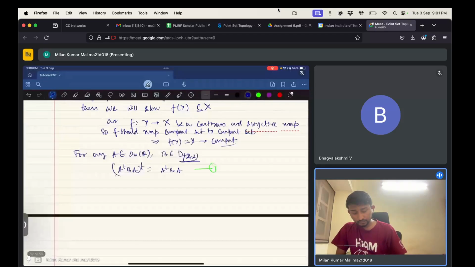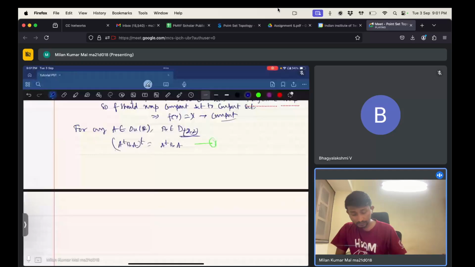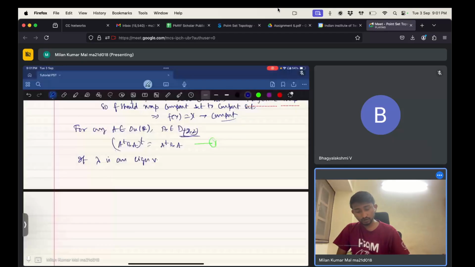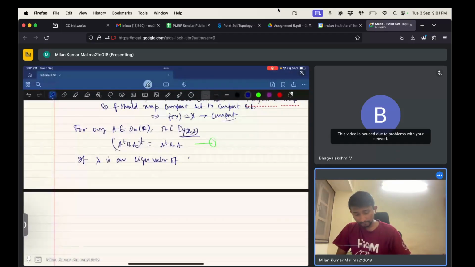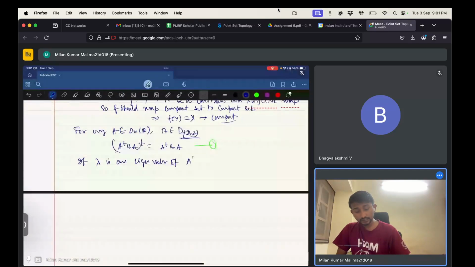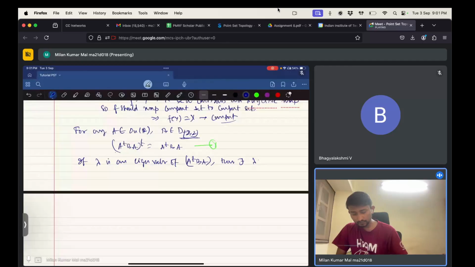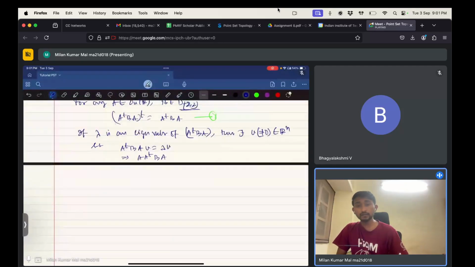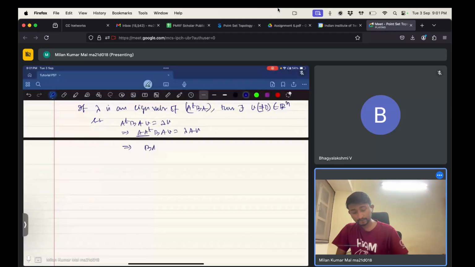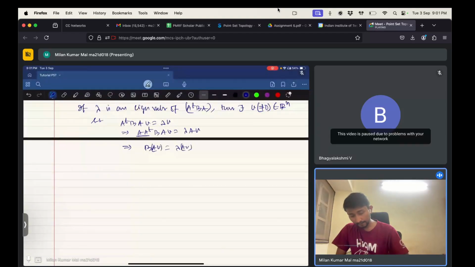So similarly, if lambda is an eigenvalue of the matrix A transpose B A, then there exists a non-zero vector V coming from R to the power n such that A transpose B A V is equal to lambda V. That implies A transpose B A V is equal to lambda A V. I have multiplied A on both sides, and A transpose A is identity as A is orthogonal.